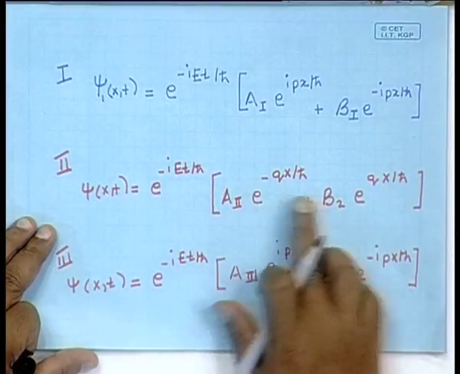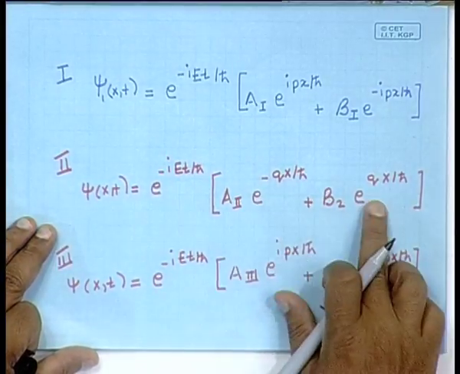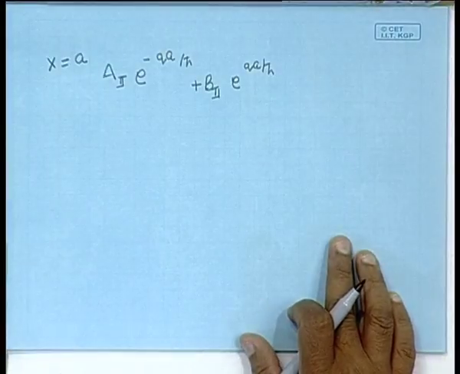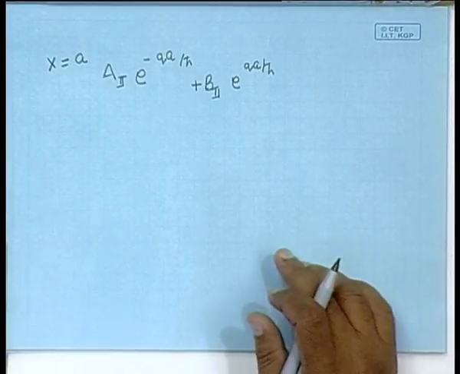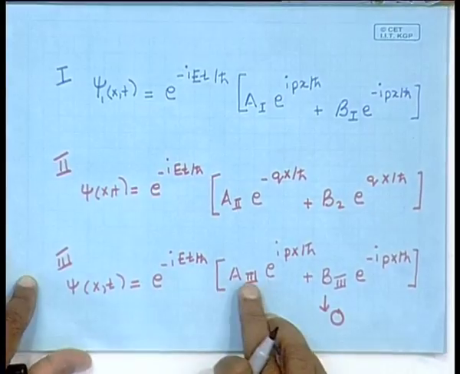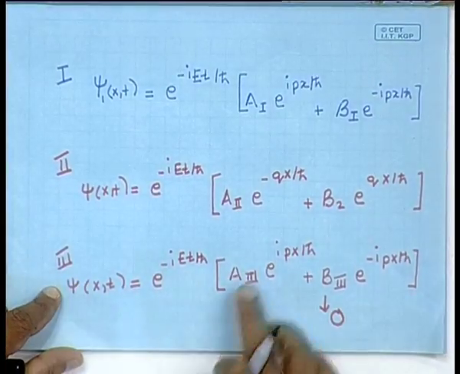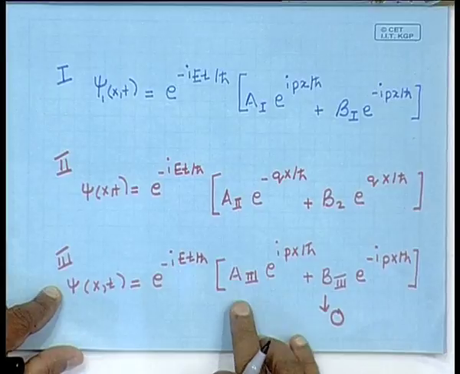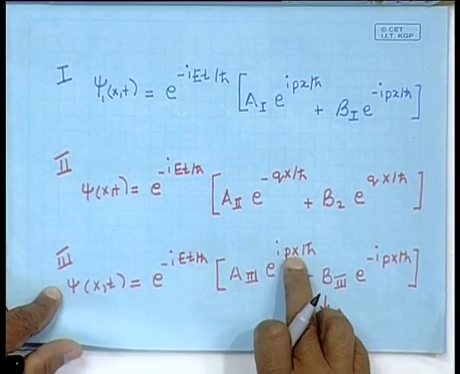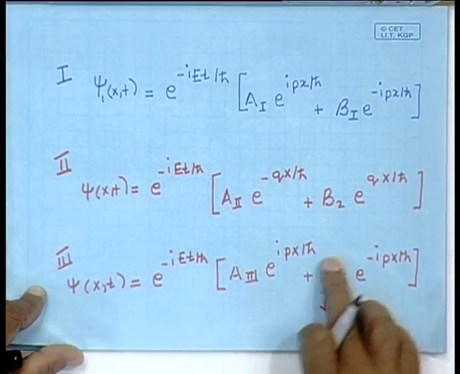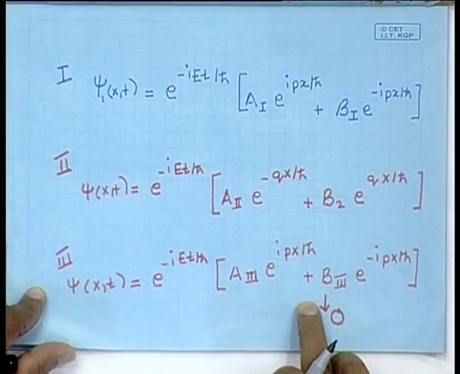These are the two terms at x equal to a, and this should be equal to the wave function at x equal to a in region 3. So, in region 3 we will have A3 e to the power i p a by h cross plus another term which is 0, so we really do not have to bother about it.